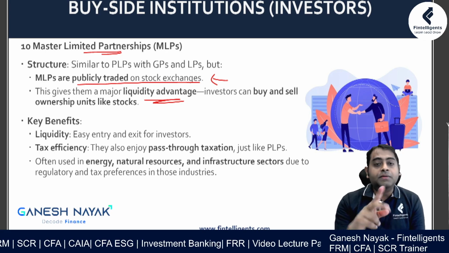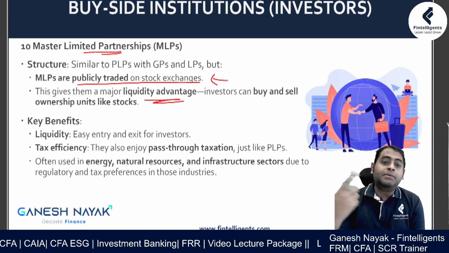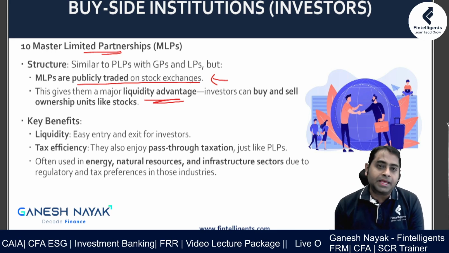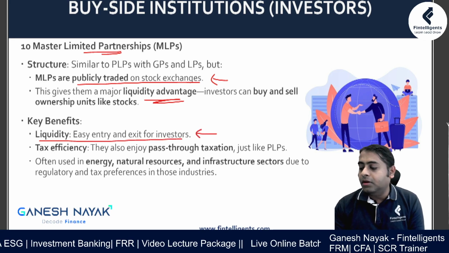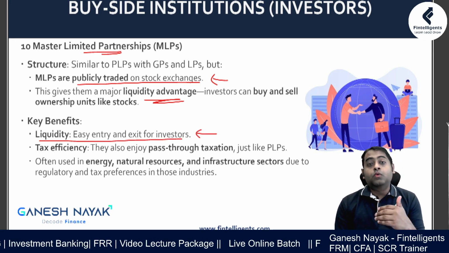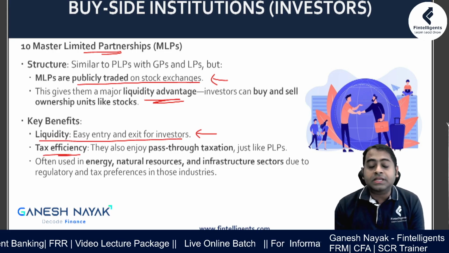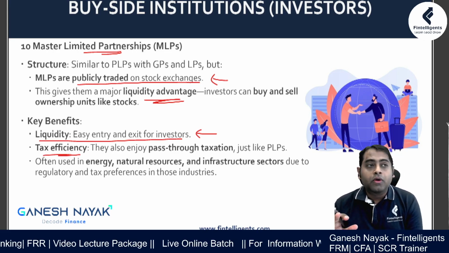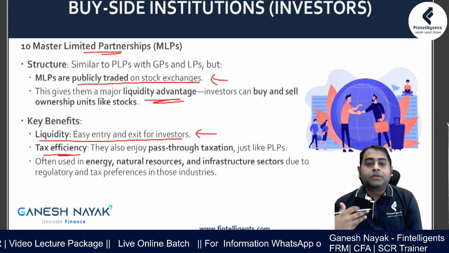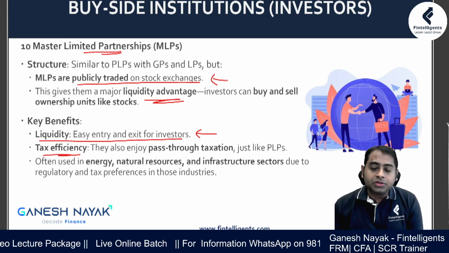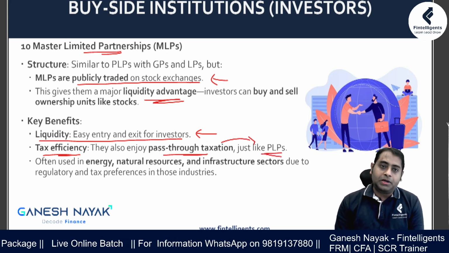Now over here, because it is listed on the exchange, the price is easily available and I can easily sell it to some other investor. It is as simple as stock buying and selling, right? So it gives a huge amount of liquidity for people who want to enter and exit very fast. Then tax efficiency. This is not applicable to all master limited structures, but in most jurisdictions they get a similar tax benefit as private limited partnerships.